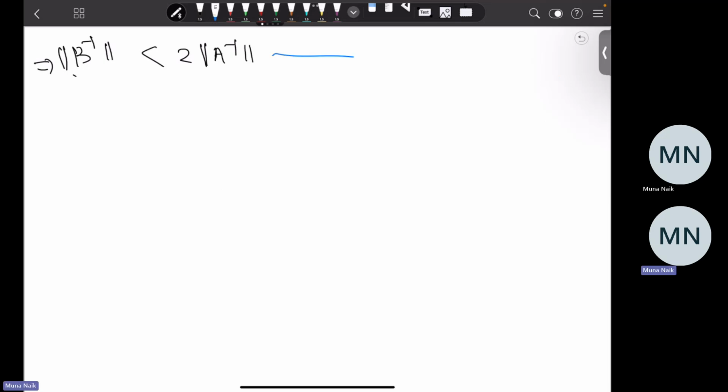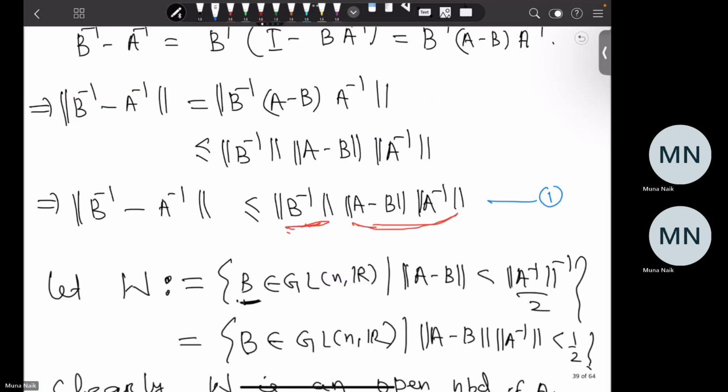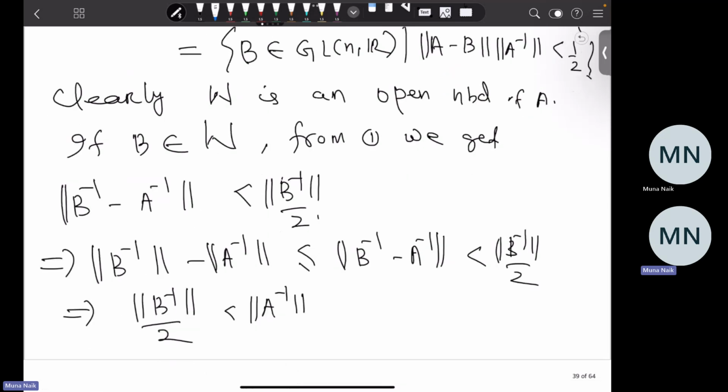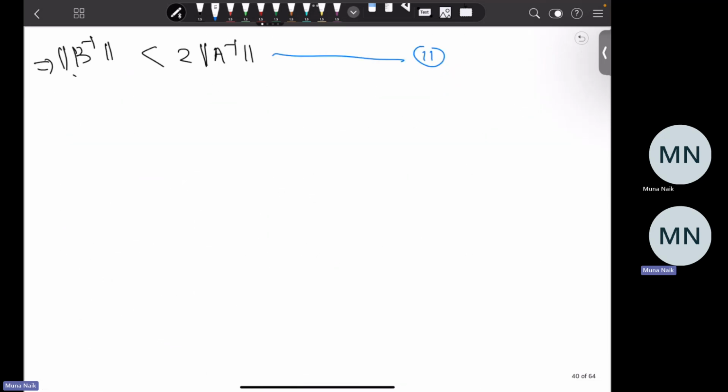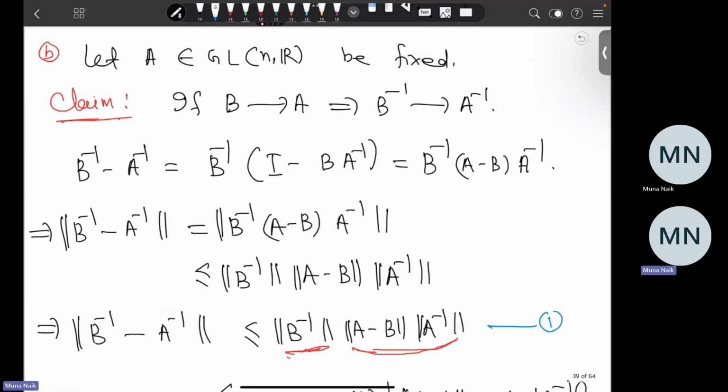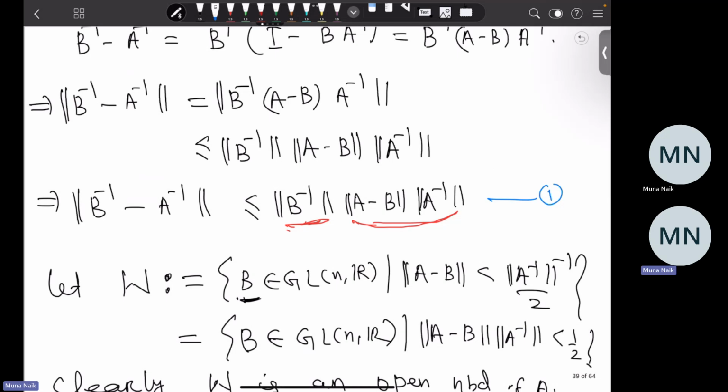I am calling this (2). So from (1) and (2), we have a bound on the norm of B inverse in the neighborhood of A.